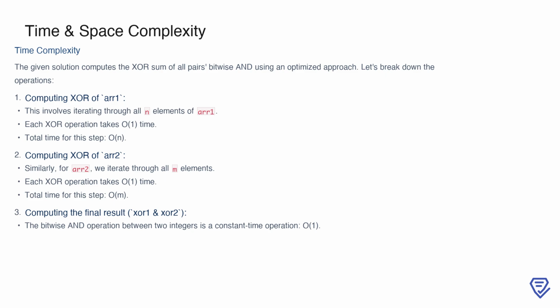Similarly, the computation of the XOR for ARR2 involves iterating through its m elements, resulting in O(m) time complexity for this step. Finally, to compute the result, we take the bitwise AND of the XOR values obtained from ARR1 and ARR2. Since a bitwise AND between two integers is a constant time operation, this step takes O(1) time. Together, these steps form the foundation of the solution's time complexity.